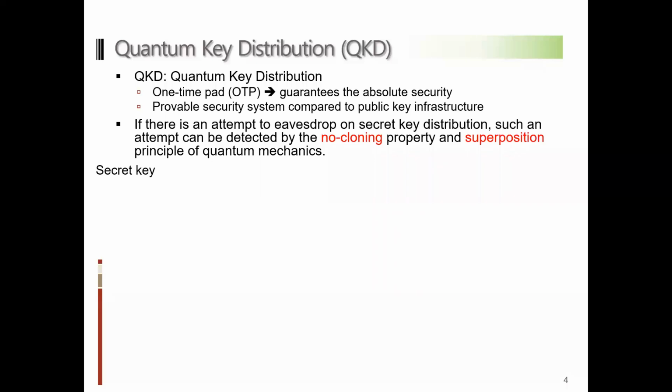As I mentioned previously, the goal of quantum cryptography is not the communication itself. What we really want to do is distribution of the secret key. You remember that I showed you that if we have some kind of shared secret key, then we distribute that key to Alice and Bob.